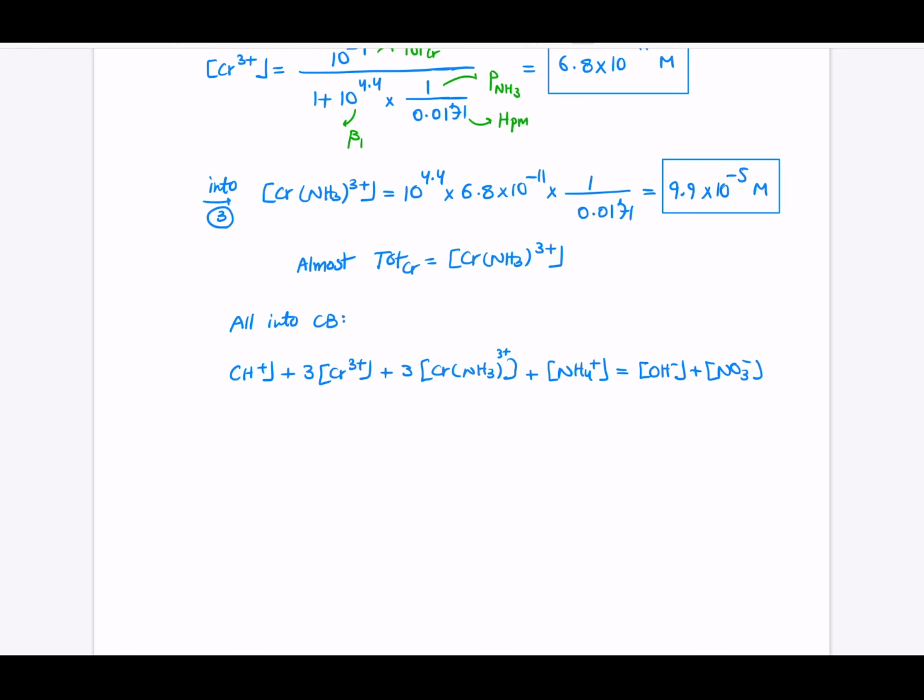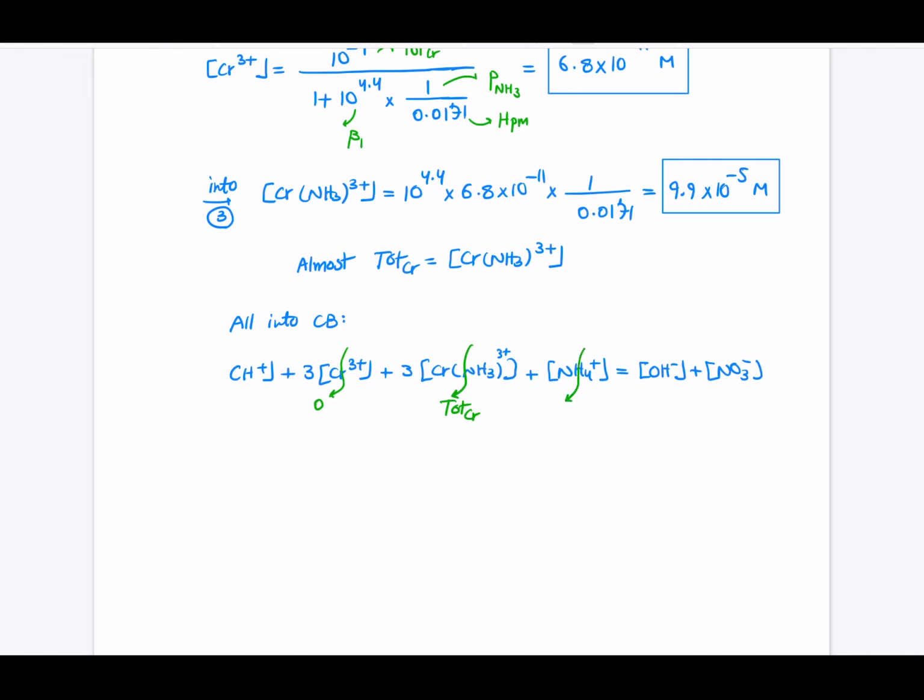So based on what we've learned up to this point, we can basically a little bit simplify this one. Obviously, this is one equation, one unknown. We can simply calculate, but to simplify it, we know this one is almost equal to 0. This is almost equal to total chromium. So this term would be 3 times the total chromium based on what we just learned.